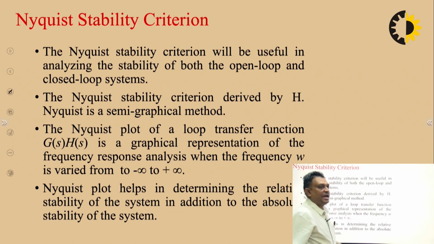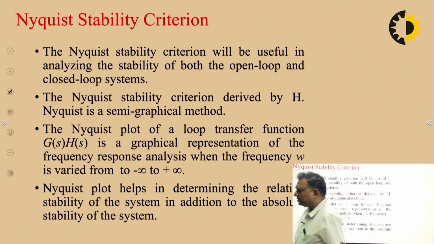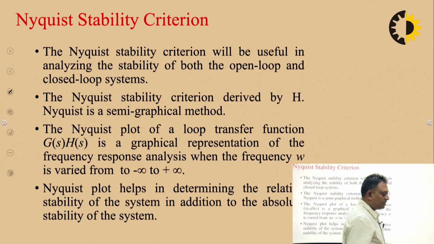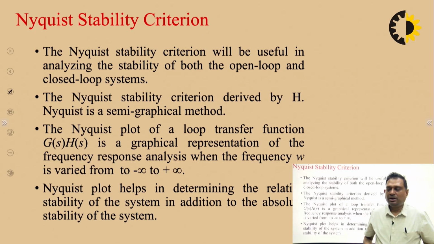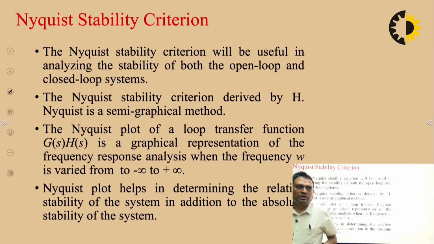Now come to the Nyquist Stability Criterion. What happened in case of polar plot? There are some situations where the stability cannot be found easily because of conditional stability. So the cases wherein we are not able to find out the stability, we'll use the Nyquist Stability Criterion.